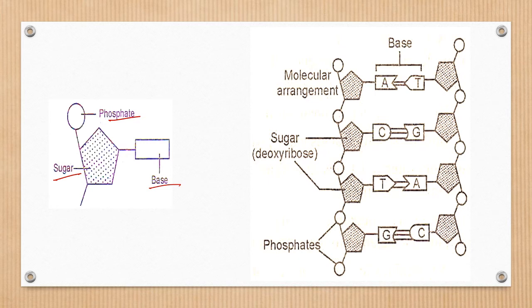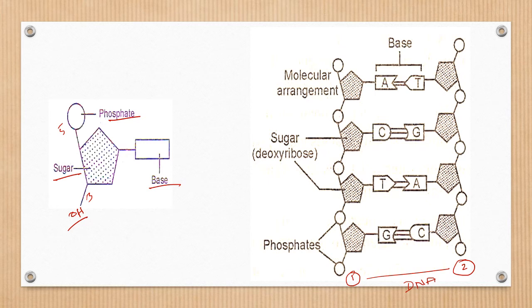The phosphate is present at the 5' end, and the 3' end consists of a hydroxyl group. This is the entire DNA arrangement. It consists of two polynucleotide chains, 1 and 2.